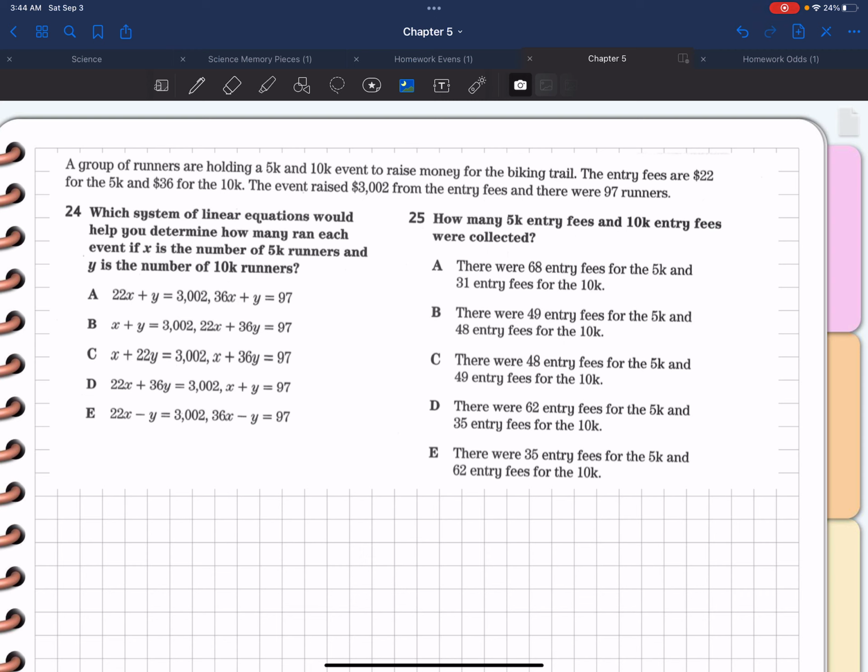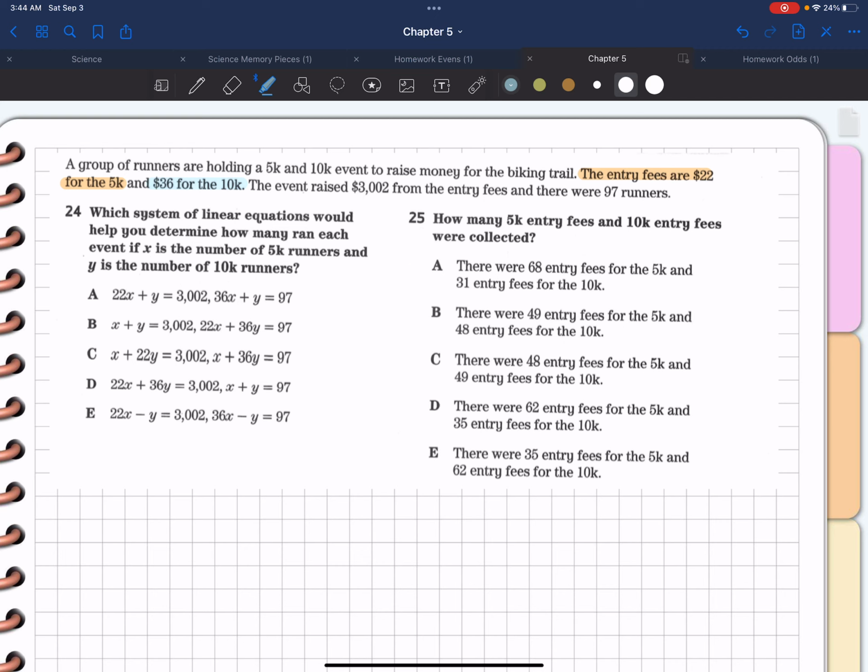A group of runners are holding a 5K and 10K event to raise money for the biking trail. The entry fees are $22 for the 5K and $36 for the 10K.